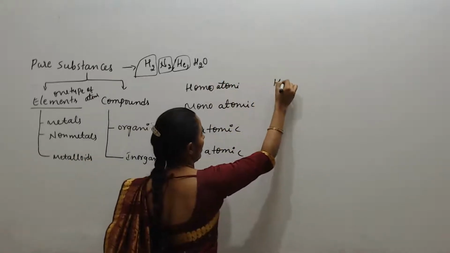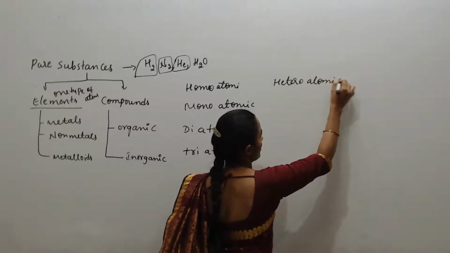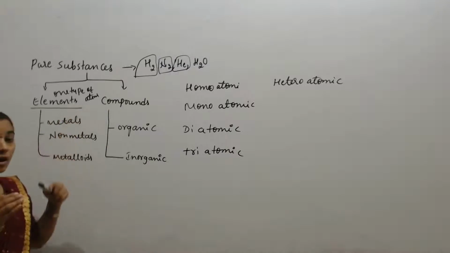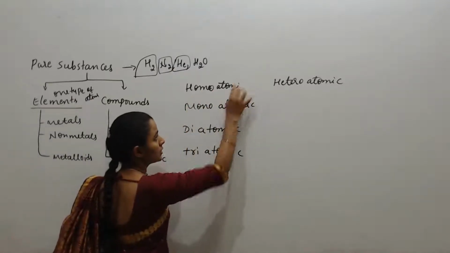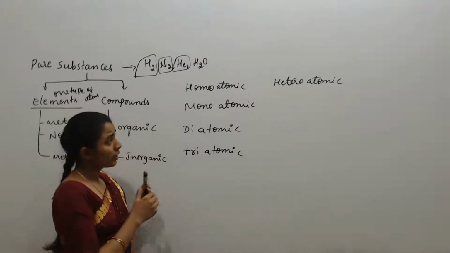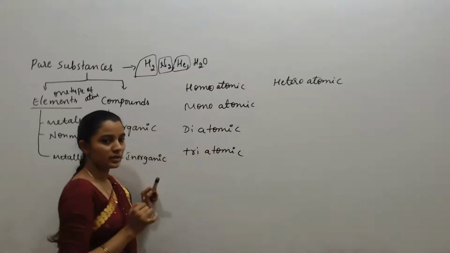Homoatomic and heteroatomic. So the elements I told, they are made up of only one type of atoms. Okay, so in that also homoatomic is there, heteroatomic is there. Okay, so here what happens in that homoatomic again mono, di, tri is there.